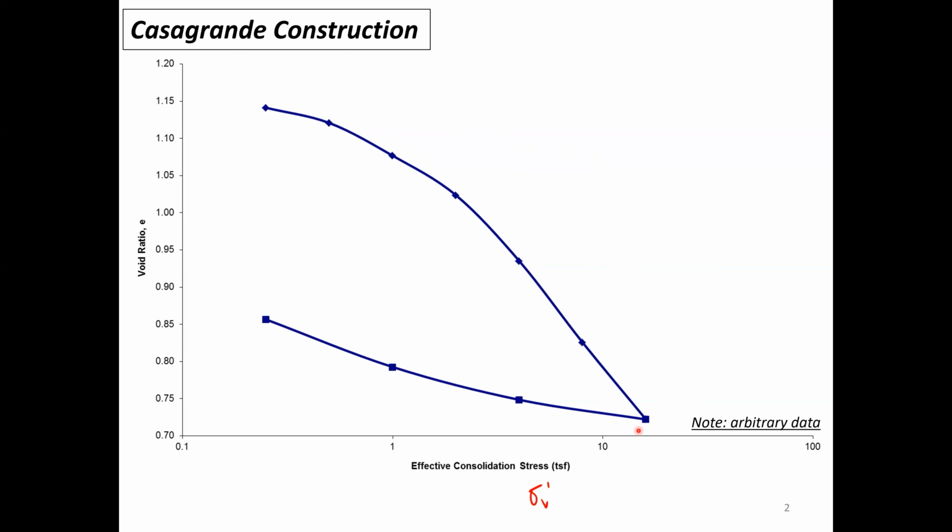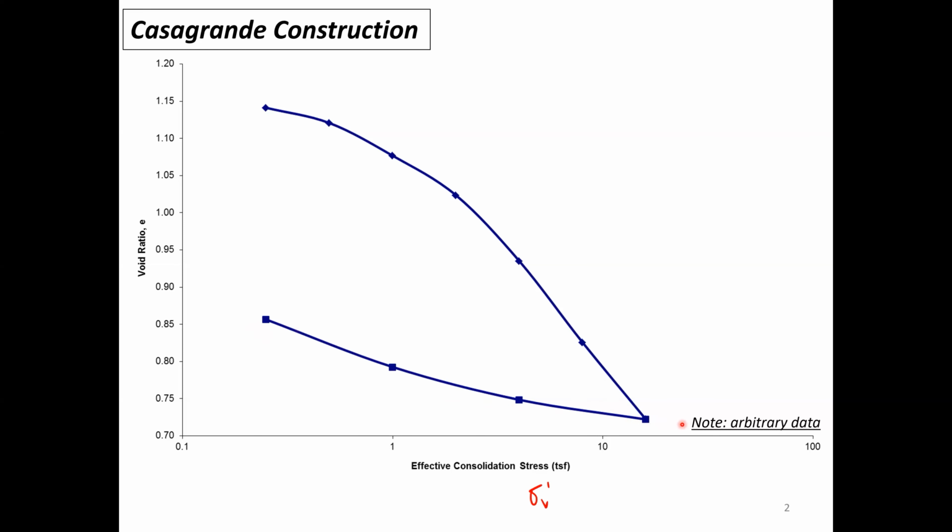And then we do the unloading. Sometimes this is optional. If your test didn't go through an unloading procedure, then you don't have this part of the data. So the test stops at whatever highest load or highest vertical stress you put on the soil specimen. And if you have it, you have a rebound.